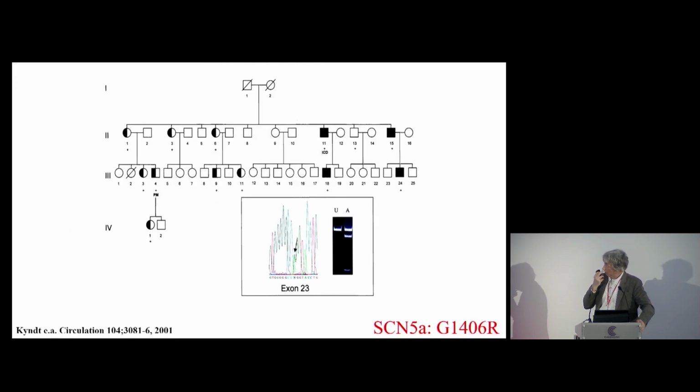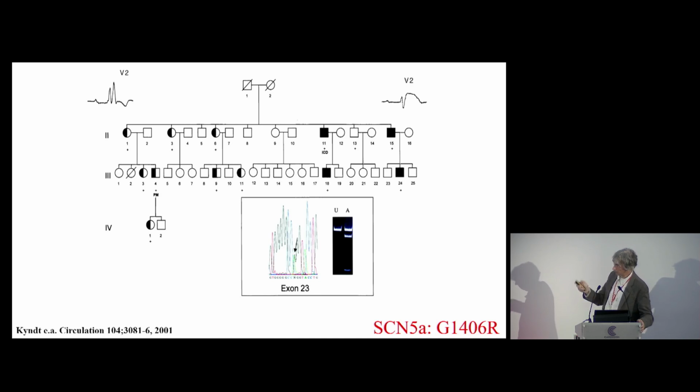This is a pedigree from a French family from Nantes, and the family shows conduction disease. As shown at the left, this is lead V2, and with the open symbols the EKG in V2 is like this, and with the solid symbols the EKG in V2 is like this. So this is clearly a Brugada pattern, and this is clearly a conduction disease pattern.